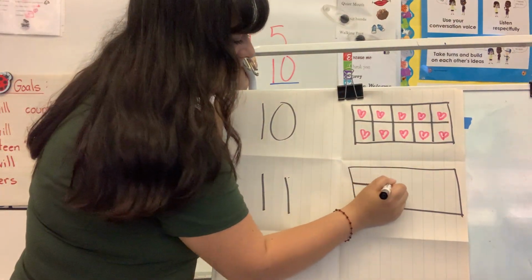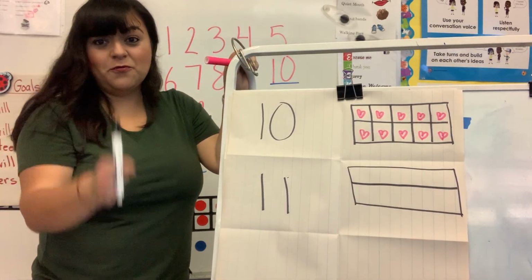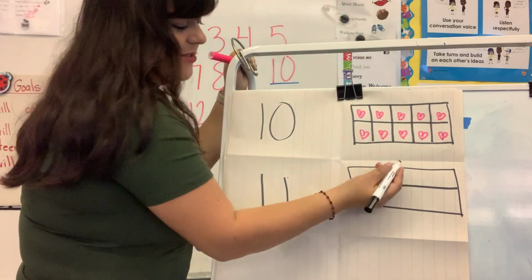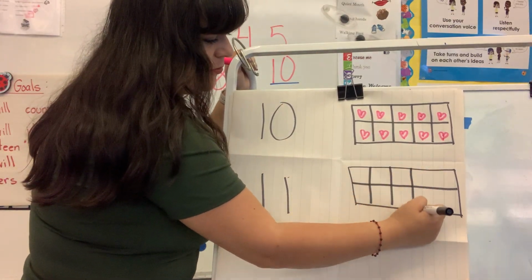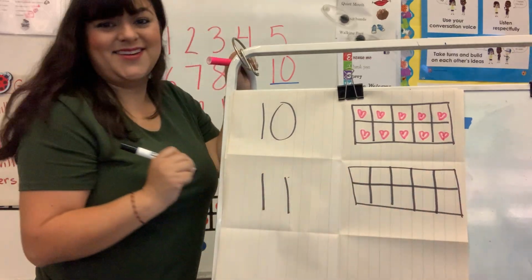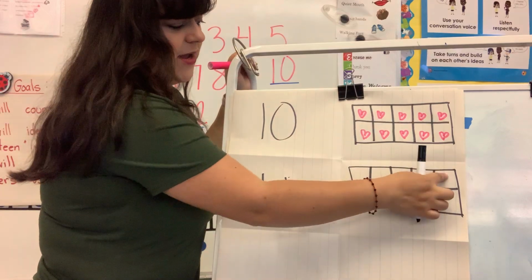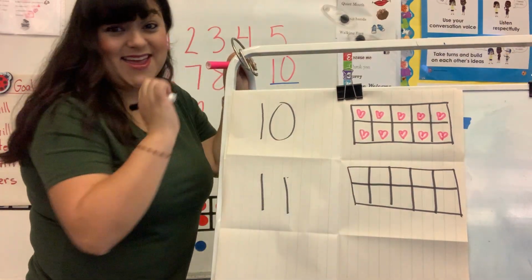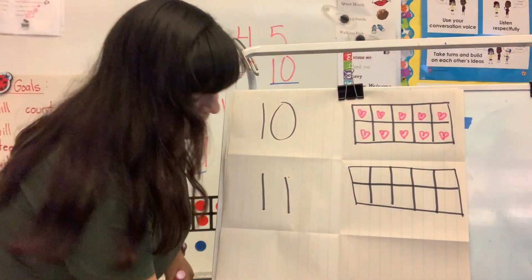I make a straight horizontal line down the middle. And then 4 straight up and down lines, vertical lines. 1, 2, 3, 4. And now I have 10 squares in my 10 frame. That's why it's called a 10 frame.